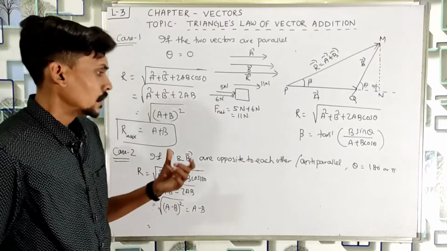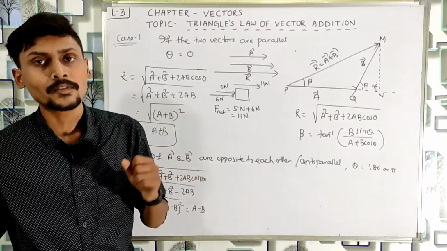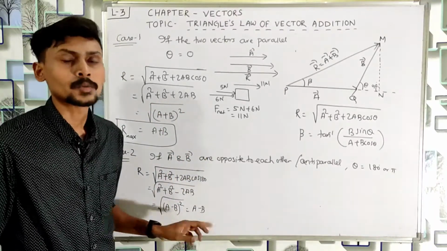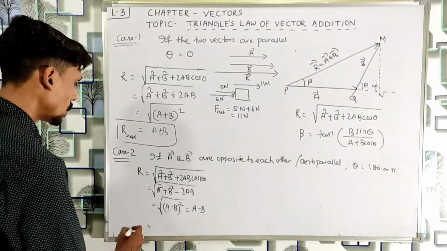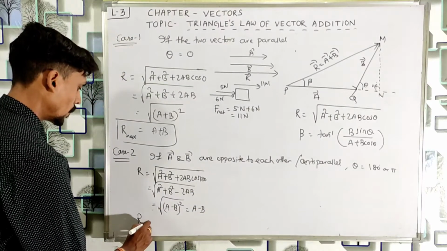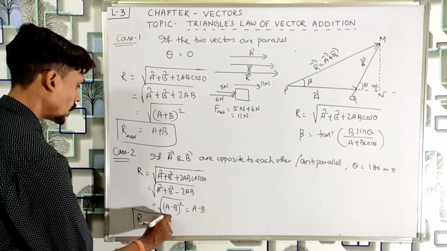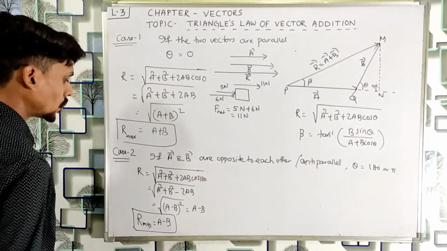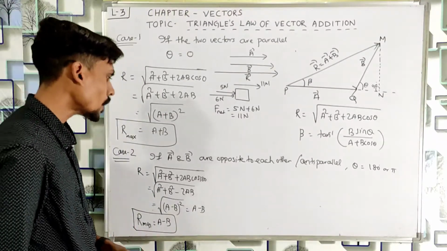So the two vectors, when they are added, can also give resultant A minus B. This is the minimum value of the resultant vector. R minimum is equal to A minus B. Is that clear?